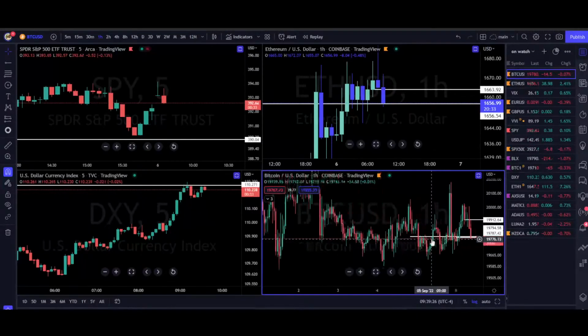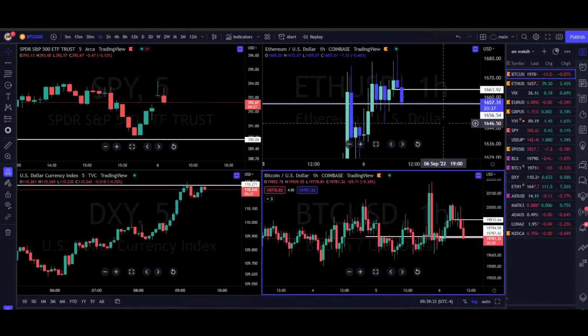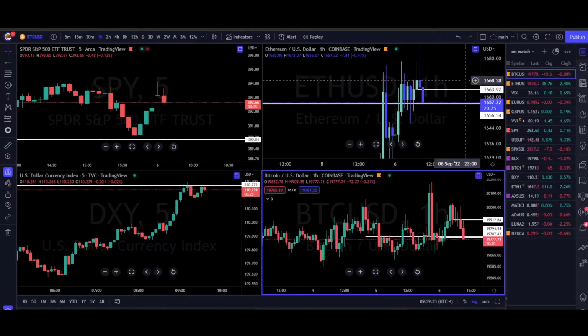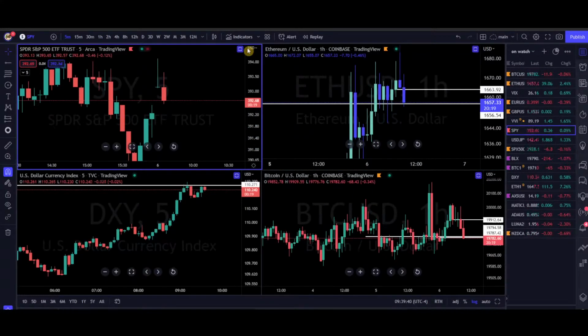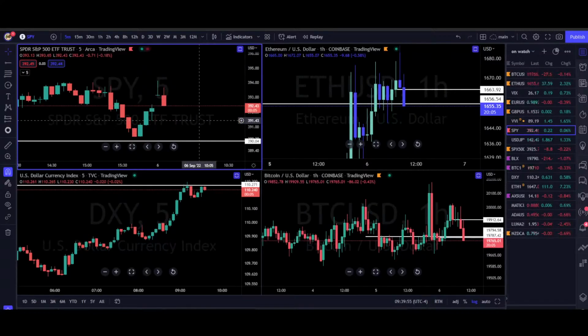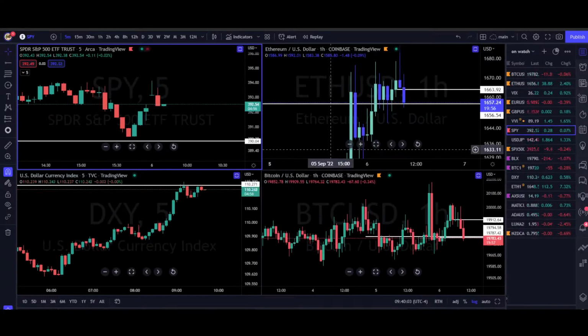Bitcoin just cannot get anything going to the upside. Whereas Ethereum has only been going up. This will be a gap fill on the SPY. Gap filled. It was a slight upside gap. 20 minutes until the news.